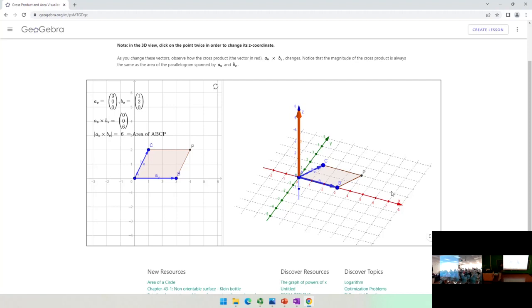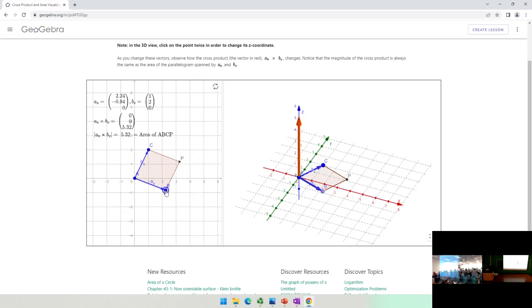So let's look at this from a magnitude and direction standpoint. I propose that we can define the cross product such that the magnitude, or the length, of this new vector is equal to the area of this parallelogram. And that's really valuable because if I take these vectors and start changing their magnitude, suddenly the resulting magnitude of the cross product changes.